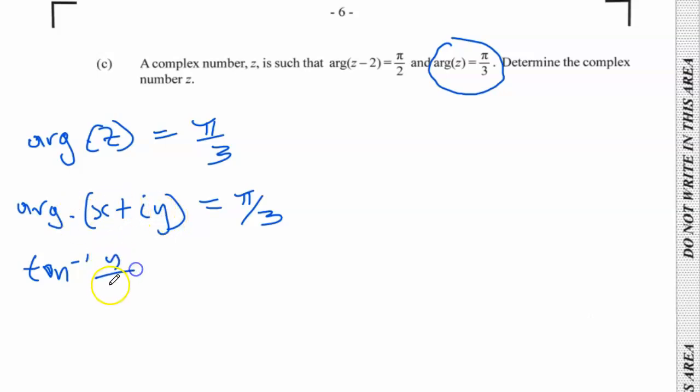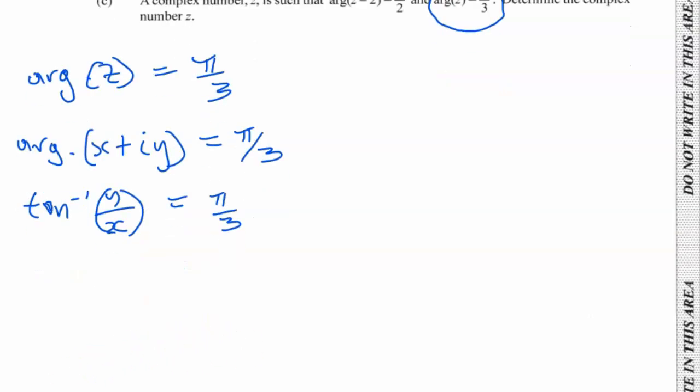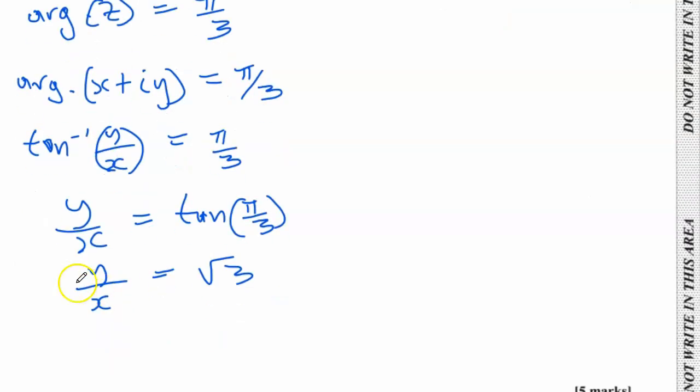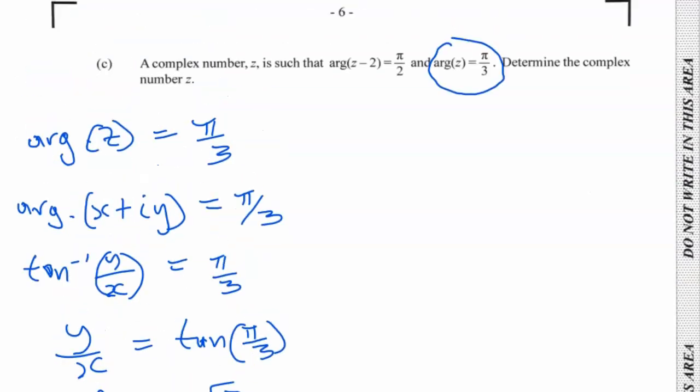So it's tan inverse y over x is equal to pi over 3, which means that y over x is equal to tan pi over 3. So y over x, tan pi over 3, that's root 3. And if we times both sides by x, y is equal to root 3x. Let's look at the other one.